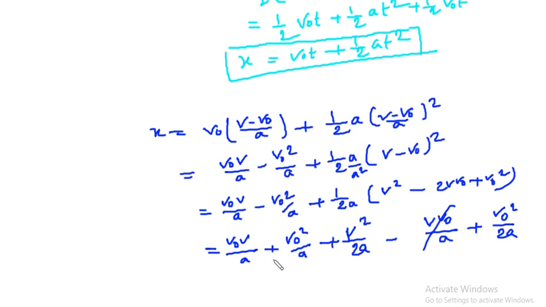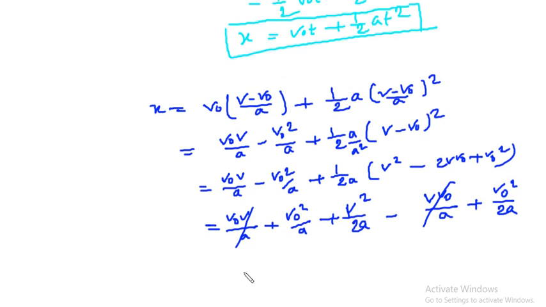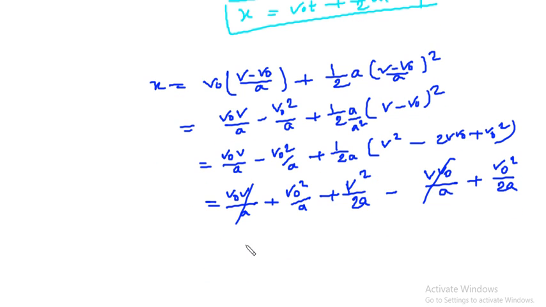Now you can see that this and this will cancel out. So what we are getting is V0 square by a with a negative sign, and here V0 square by 2a.